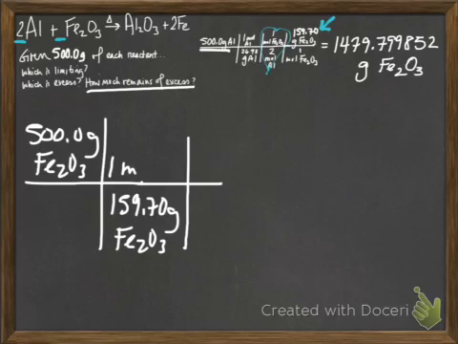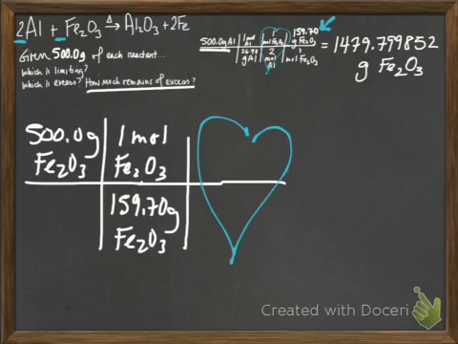Because we're working our way, of course, towards our mole ratio. So in 1 mole of Fe2O3. All right, now it's time to get to the heart of the matter. What units, what chemical go on the bottom to cancel?